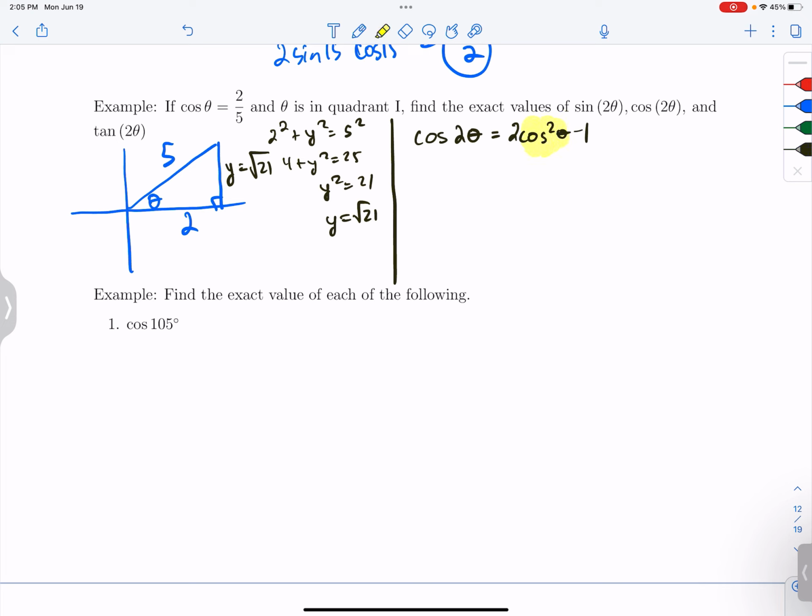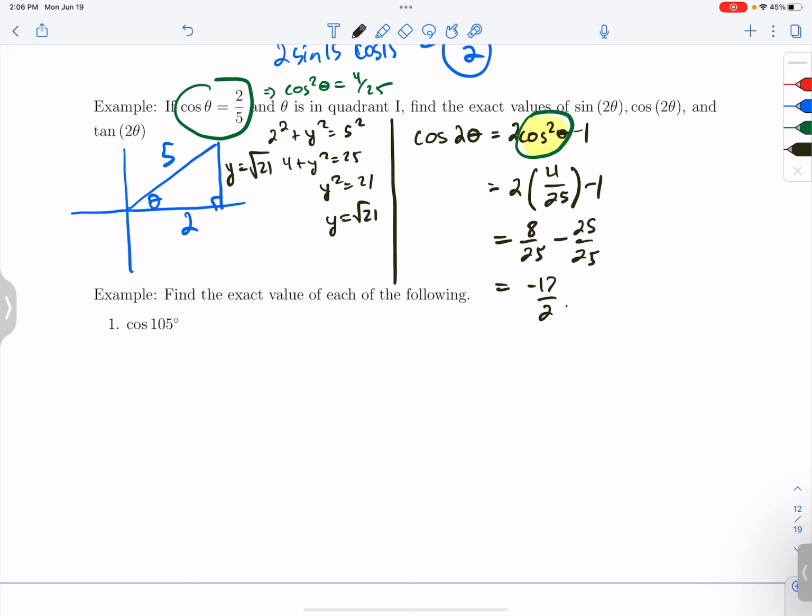We already were given that. It's here. So if I square both sides, cosine squared of theta is going to be 4 over 25. So I can substitute 4 over 25. So cosine of 2 theta is equal to 2 times 4 over 25 minus 1. And I get 8 over 25 minus, if I get a common denominator, 25 over 25. And this just comes out to negative 17 over 25.